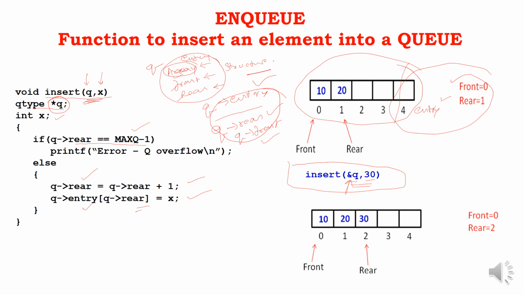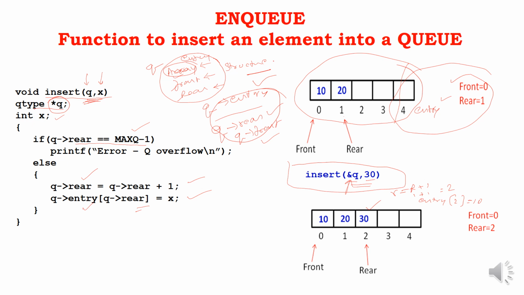See here, 30 is placed here. How? Rear is rear plus 1. Rear is already 1. 1 plus 1, 2. Entry of 2 is 30. So 30 is inserted here. In this fashion, we insert an element.